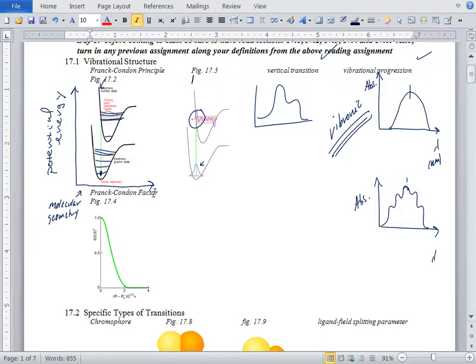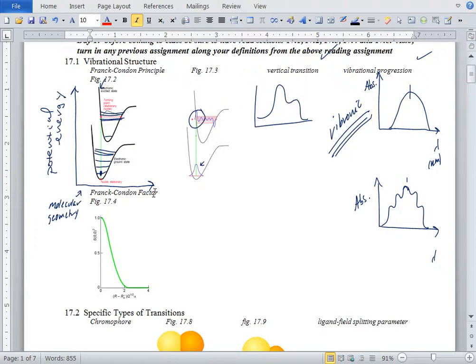Different. Same, because that's that Franck-Condon factor, right? It can't change. The nuclear geometry, the bond lengths, all the bond angles, all the orientation, none of that can change. So the nuclear framework is the same in the ground electronic state as it is in the excited electronic state during that transition.